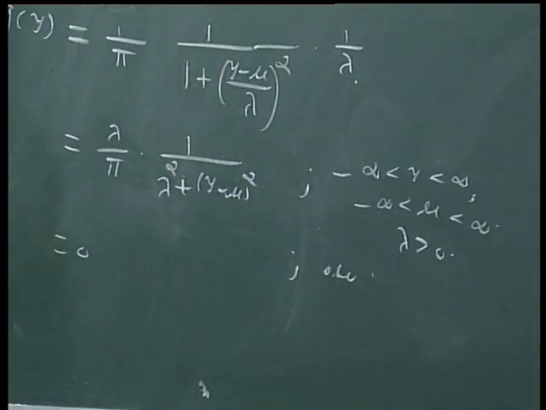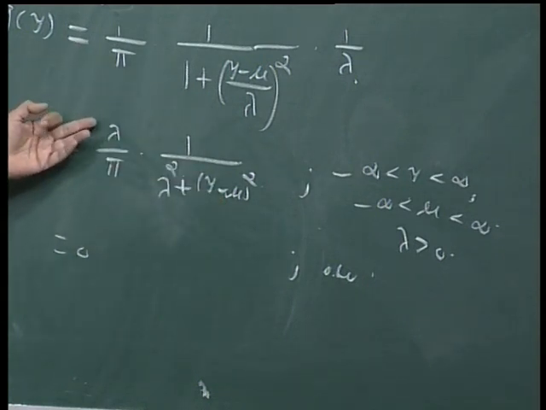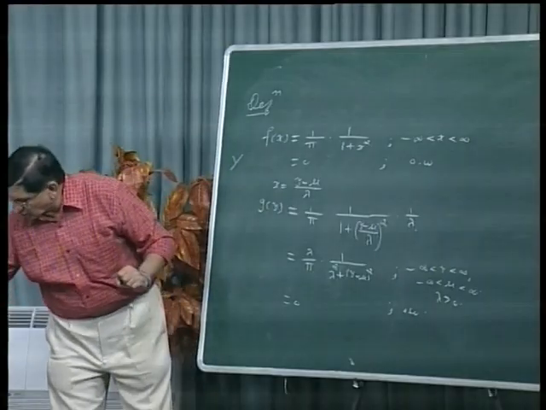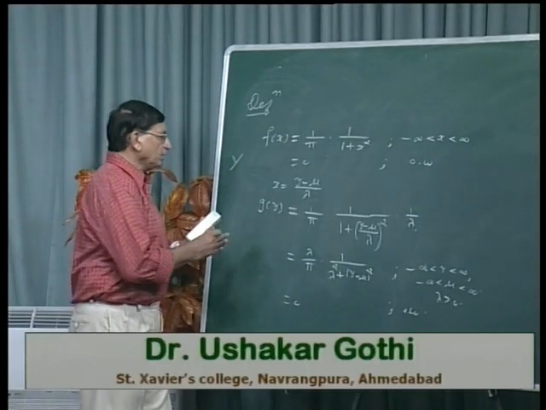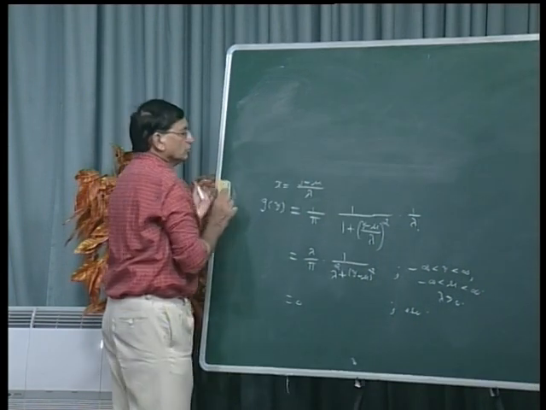and lambda is positive and 0 otherwise. So this is the PDF of Cauchy variate with two parameters, mu and lambda. Mu is the location parameter, whereas lambda is a scale parameter which is always positive. From this now I just want to find mean and variance of this Cauchy distribution.